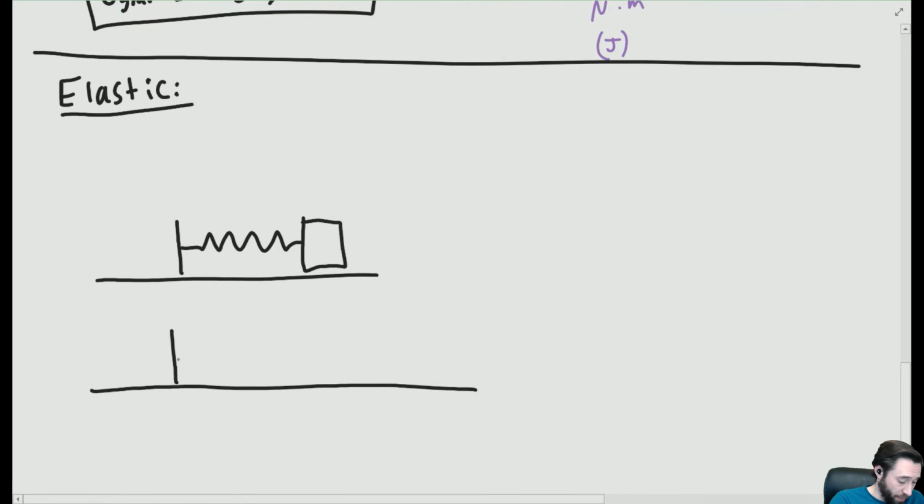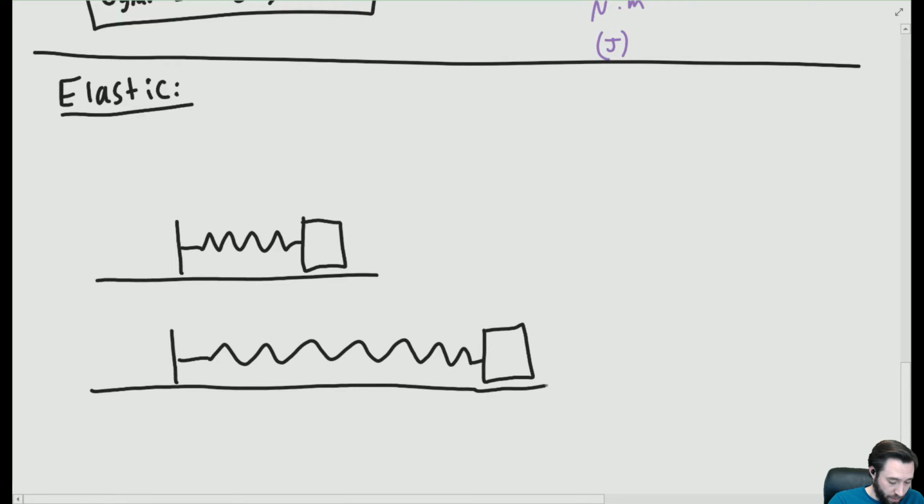And then I'm going to stretch this spring a certain distance. So with U elastic, or elastic potential energy, that's what we're trying to solve.